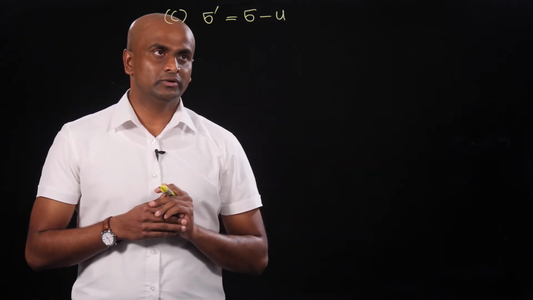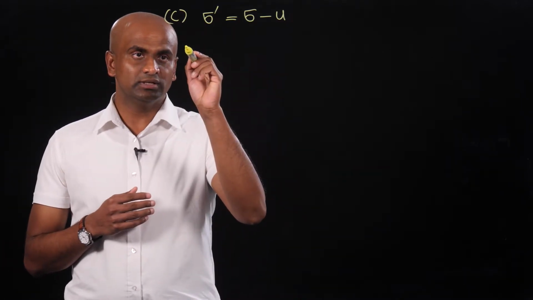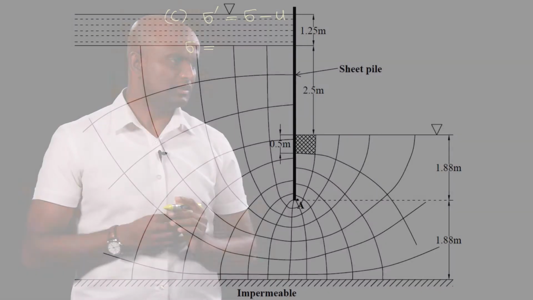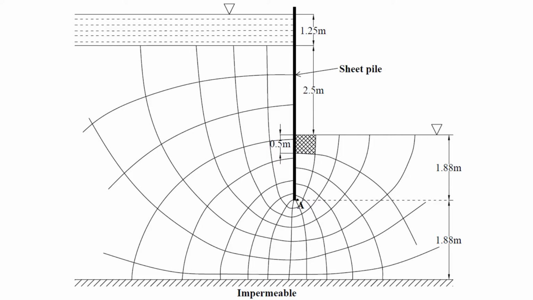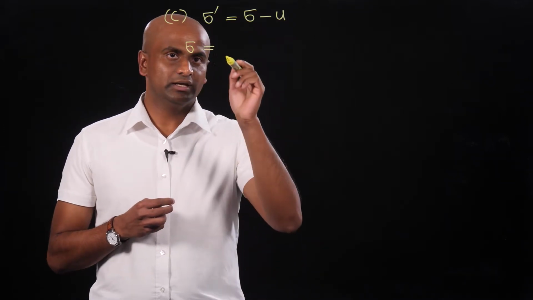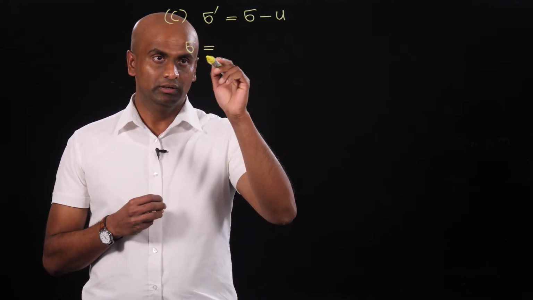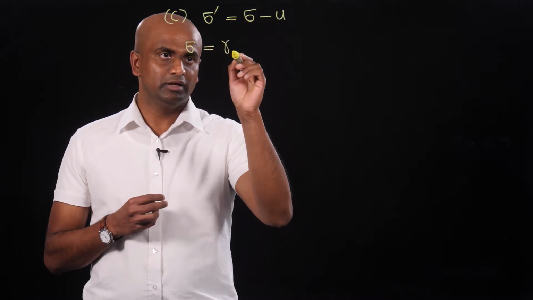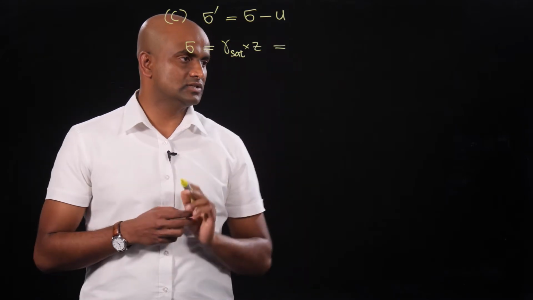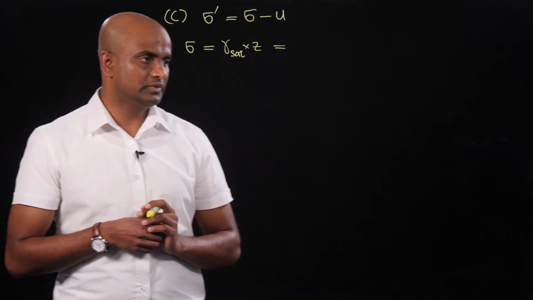To follow that approach, first we need to calculate the total stress, which is sigma at point A. As per the diagram, you can see that point A is 1.88 meter below the downstream boundary. So we can calculate the total stress as gamma saturated times Z. The saturated unit weight of the soil, what the given value is the density of the soil.